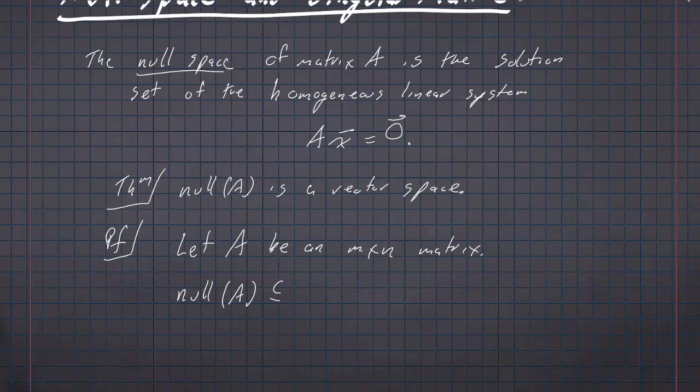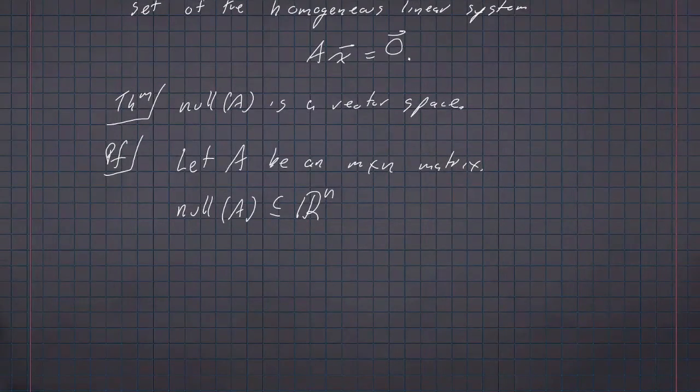So null of A is a subset of Rn. We also know that any matrix times the zero vector will give us the zero vector. So that means that 0 is in the null of A.